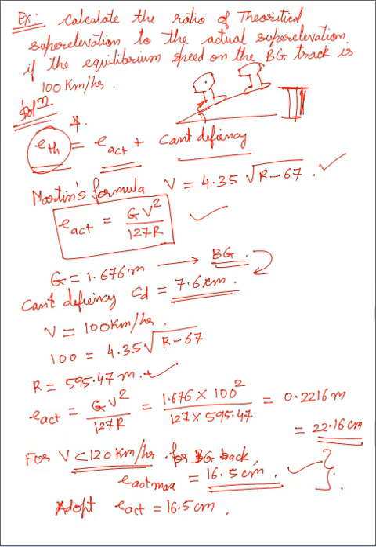So now let us take this formula, that is E theoretical is equal to E actual plus cant deficiency. So actual super elevation, the maximum value which I have to take is 16.5 centimeter, and cant deficiency, I am supposed to take the maximum value again, that is 7.6. So it is 24.1 centimeter.